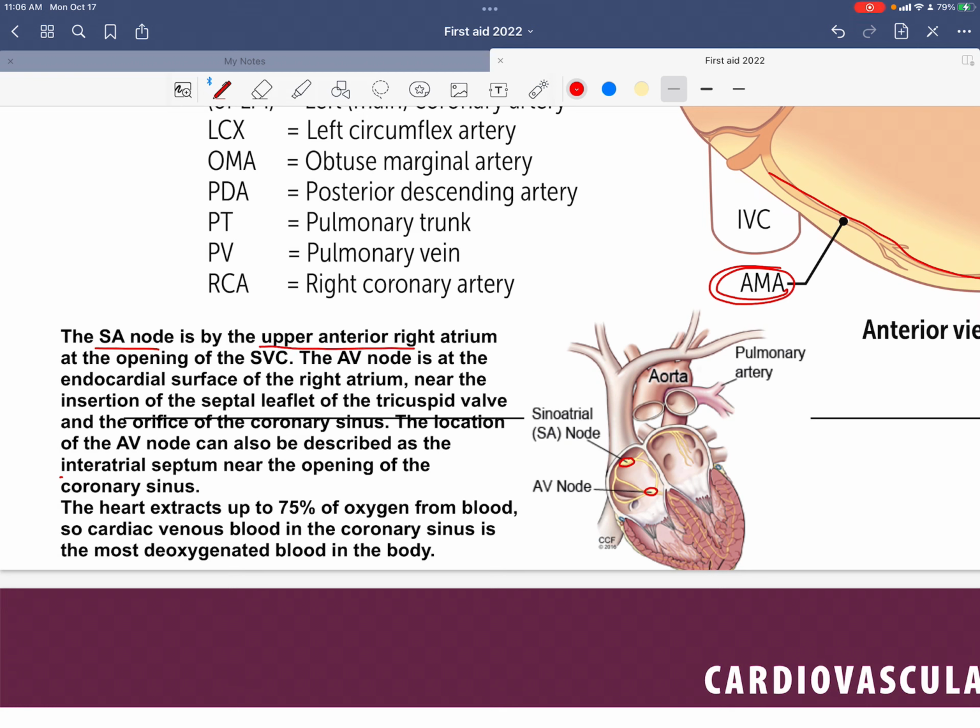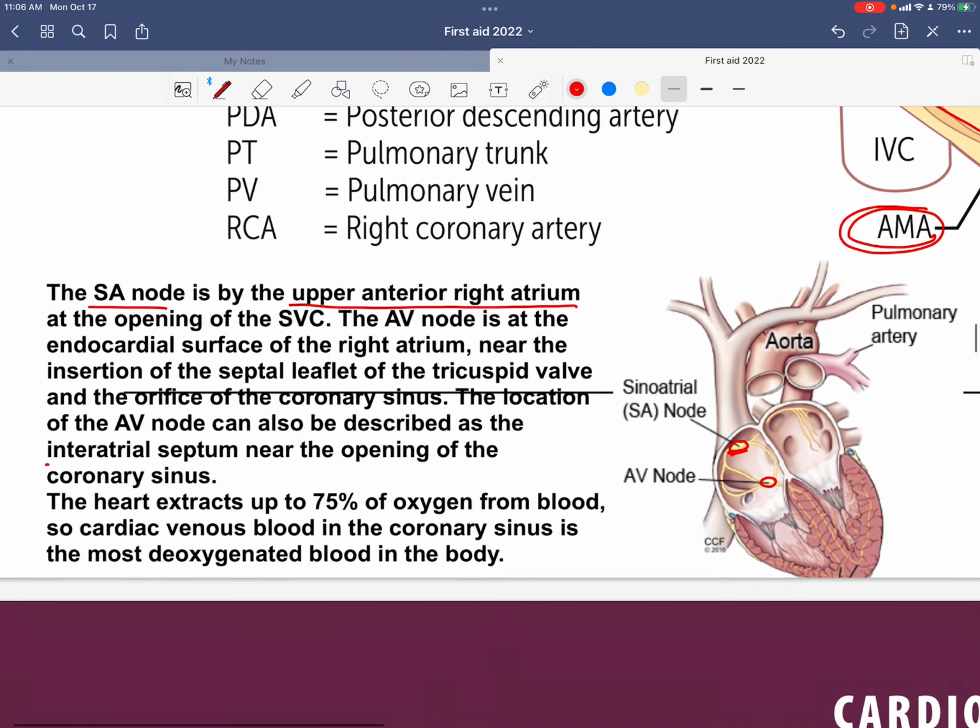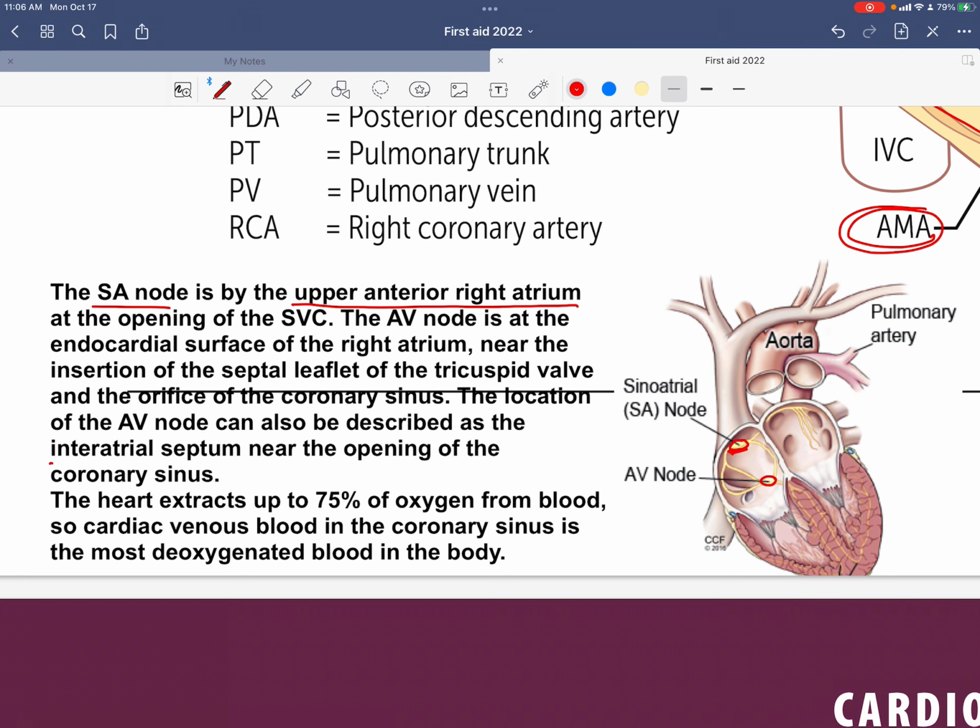Here, just to help us understand the places, the SA node is located by the upper anterior right atrium. This is the right atrium, of course, at the opening of the superior vena cava. While the AV node is at the endocardial surface of the right atrium, near the insertion of the septal leaflet of the tricuspid valve and the orifice of the coronary sinus.